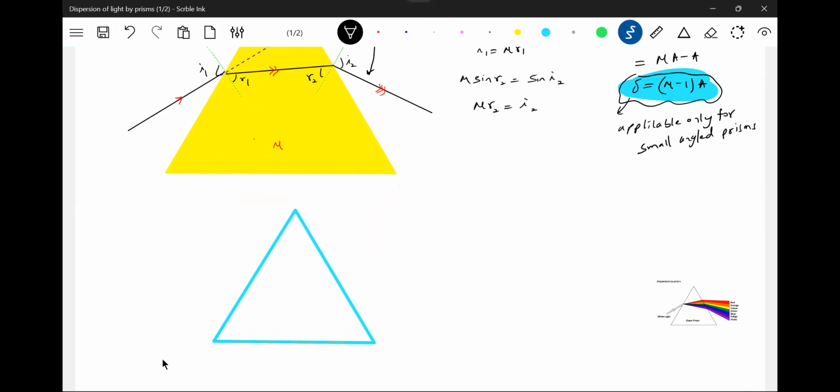Here is air, this is the glass, this is the air, and this is the glass.